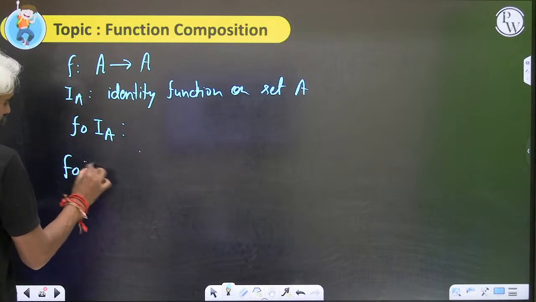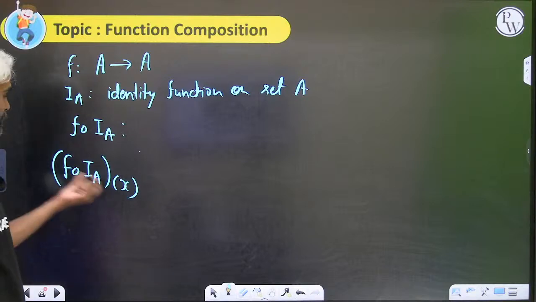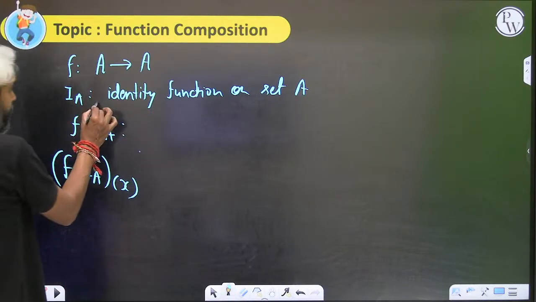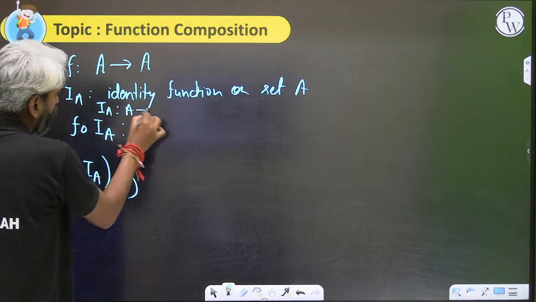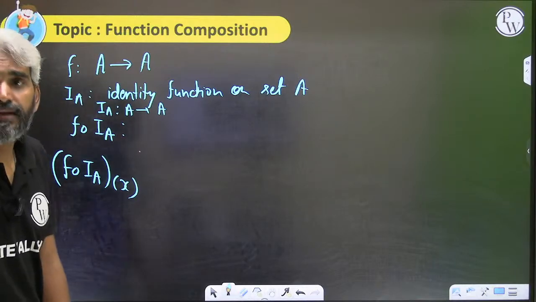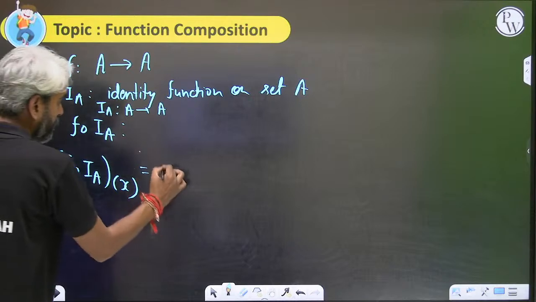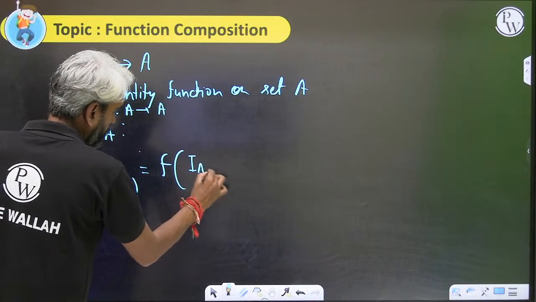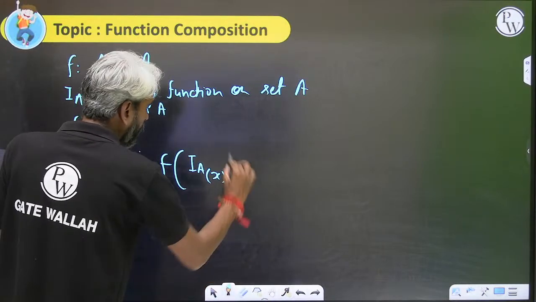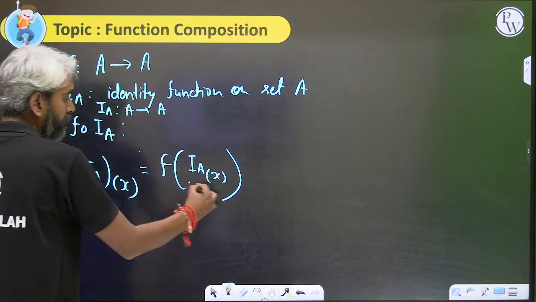Now, if you pass any value x, then f of I_A will be defined from A to A, because I_A is a function from A to A. Therefore, f of I_A as well as I_A of f both will be defined from A to A. First, this value x will be passed to function I_A, and whatever value you pass, the identity function on set A will produce the same value x.